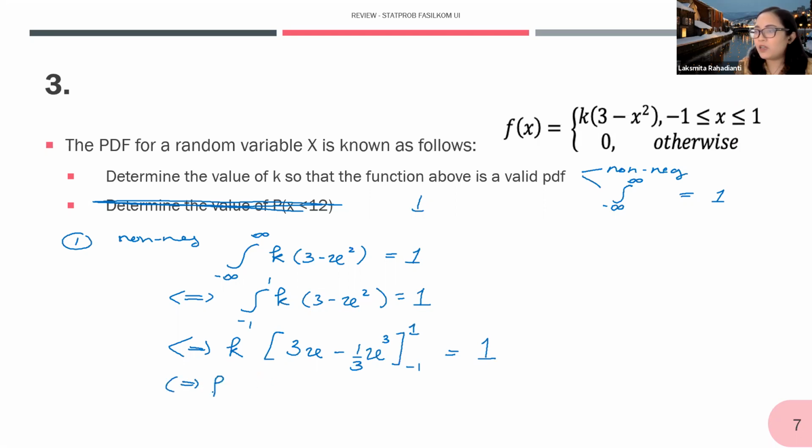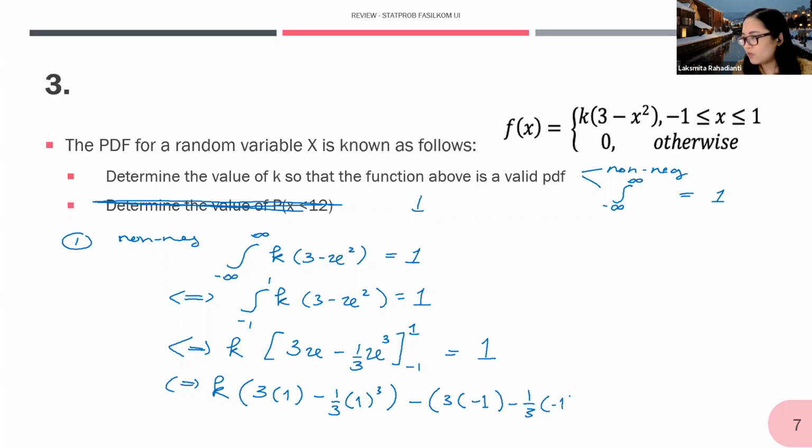Here I have K. I can substitute the x with 1 and -1. So I obtain 3 minus 1/3, minus, -3, -1, minus 1/3 of -1. This should be equal to 1.